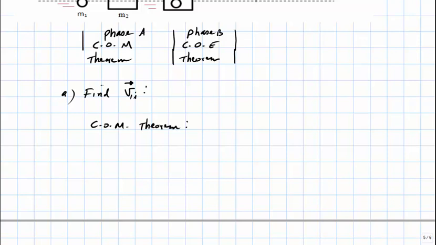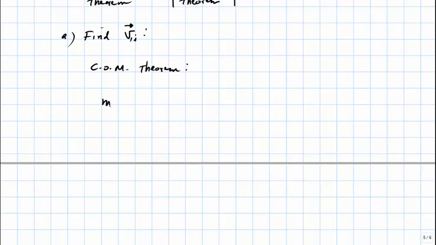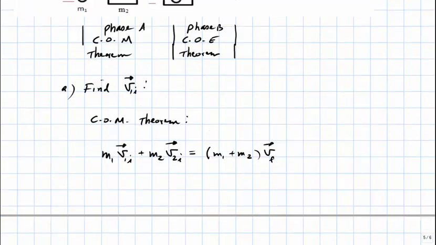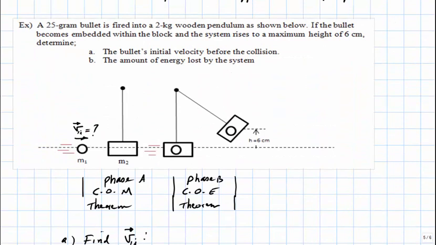Of course, the theorem states the following: M1 V1 initial plus M2 V2 initial simply equals M1 plus M2 times V final. And of course, this is the perfectly inelastic version of the conservation of momentum theorem. Now, M1 within the problem was noted as 25 grams, and of course that has to get converted to kilograms as 0.025 kilograms.